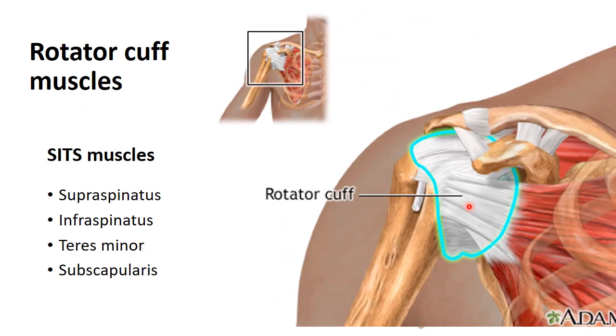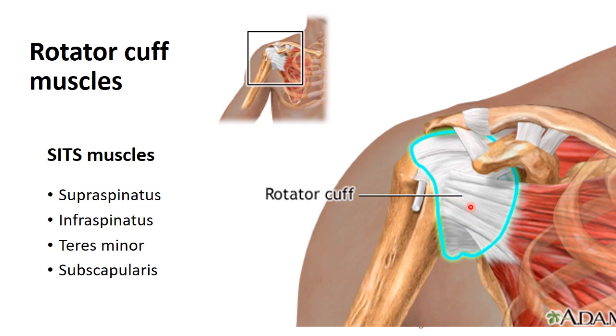The four rotator cuff muscles, when we abbreviate them, are the SITS muscles, the initials of the four muscles: supraspinatus, infraspinatus, teres minor and subscapularis. Their tendons will blend with the fibrous membrane of the joint capsule of the shoulder joint, in addition of course to the bony attachments, the insertions of these four muscles, that we mentioned.